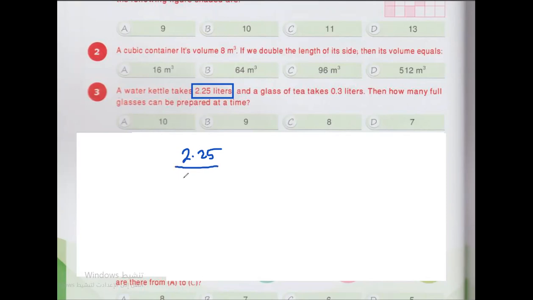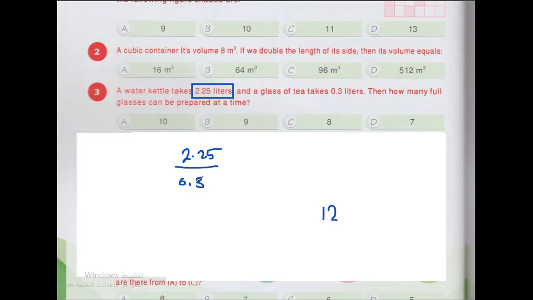Right, correct. Then how many full glasses can be prepared at a time? Correct. Only you divide 2.25 by 0.3.